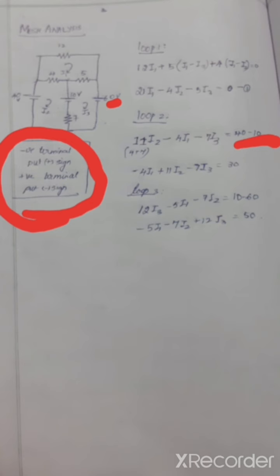What is the sign convention? Throughout this video I will be moving my current in the clockwise direction. While moving the current clockwise, if you meet the negative terminal of the battery first, then you put a positive sign, and if you meet the positive terminal first, you put a negative sign.